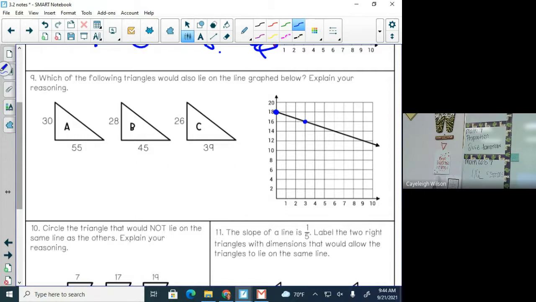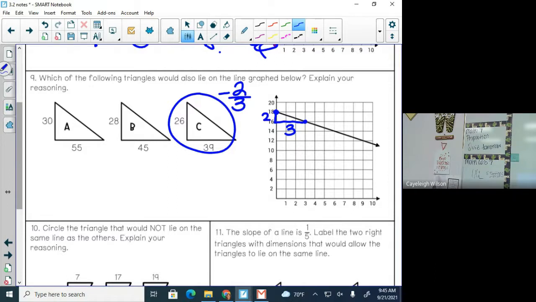I went down 2 over 3, so my slope is negative 2/3. So I'm going to look for the one that has the same 2/3 ratio. It's triangle C.